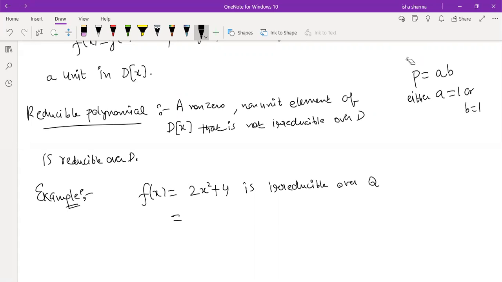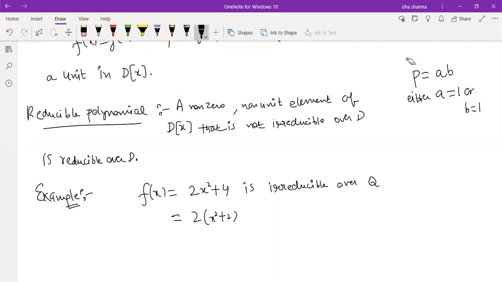You just cannot factorize it. The maximum you can do is 2 times (x^2 + 2). This is the only factorization which is possible for this polynomial.